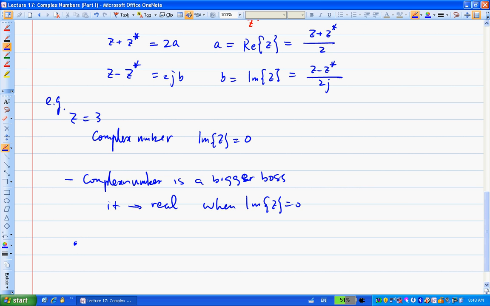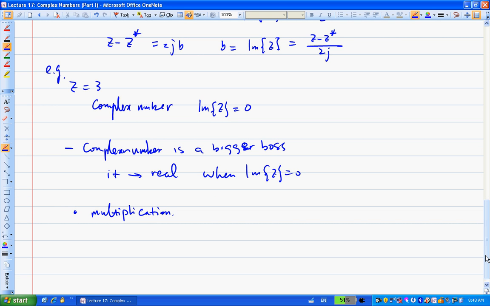Okay, so addition, subtraction, conjugate, and then multiplication. Let's look at multiplication and how we carry it out.